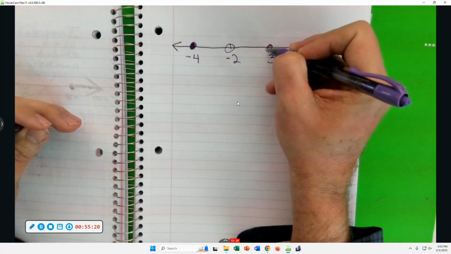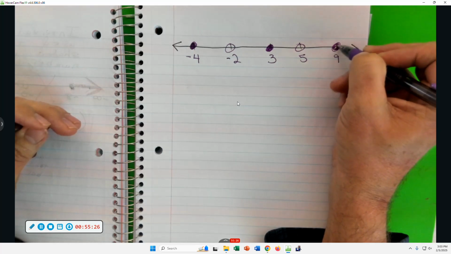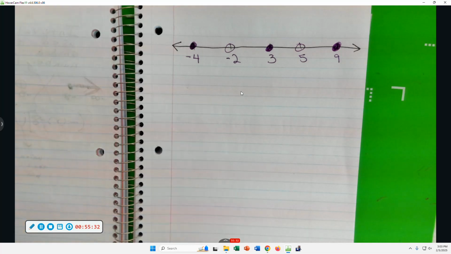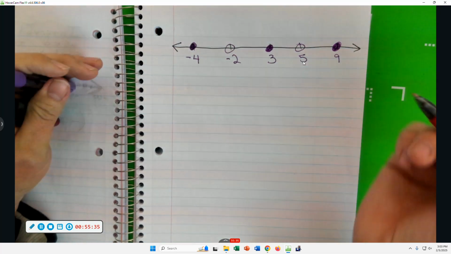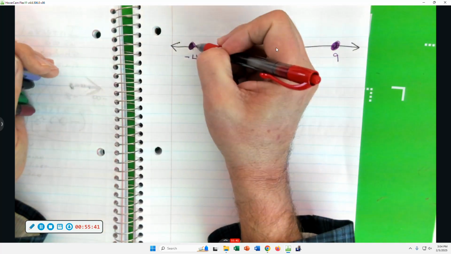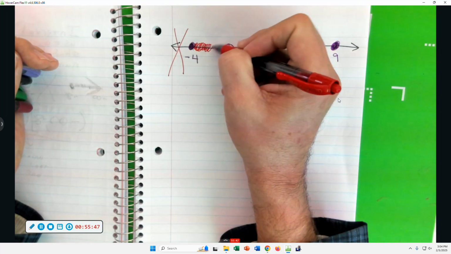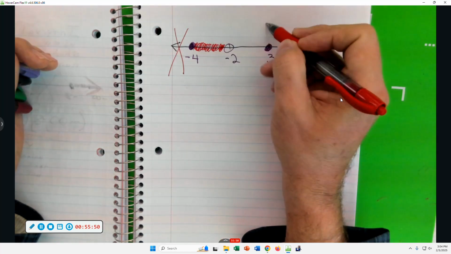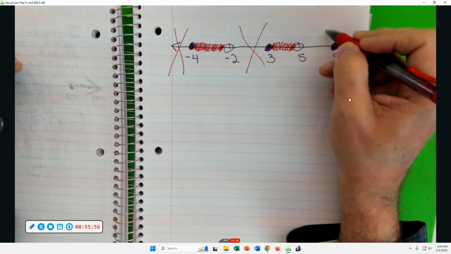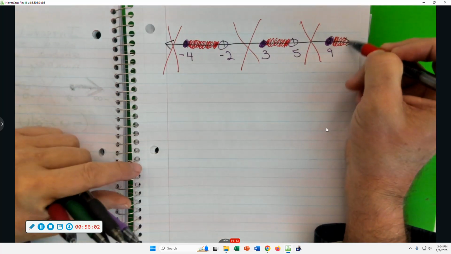So with those 5 steps, the first 3 steps are telling you how to find those cut points and how to put them as open or closed circles. Then step 4 tells you how to shade it. Let's cross out the first interval, shade the second interval, cross out the third interval, shade the fourth interval, cross out the interval from 5 to 9, and shade the interval afterwards.